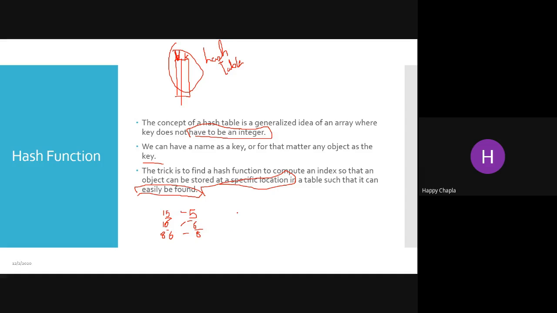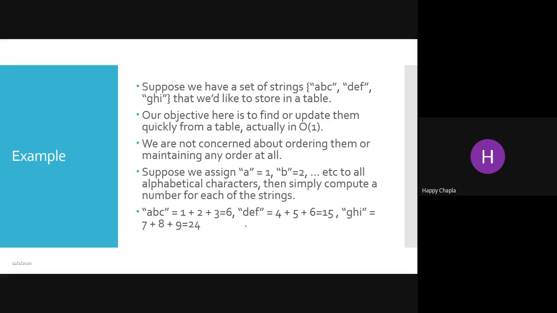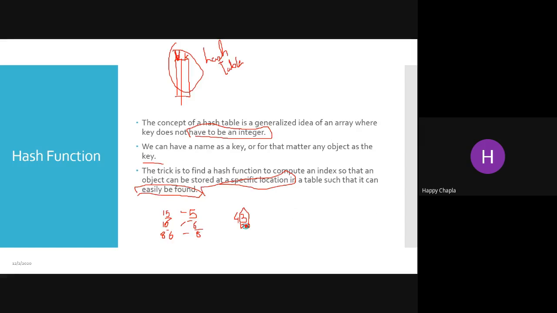So if I want to find the record 43, at which place can I find it? At index number 3, I can find the particular address of my record. This is one of the tricks. There is no need to store the particular address of that record.